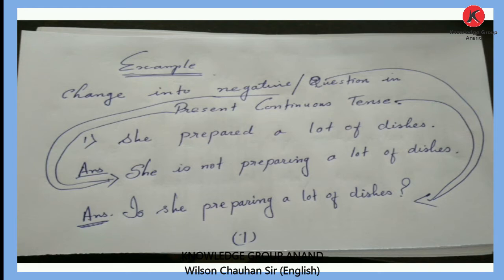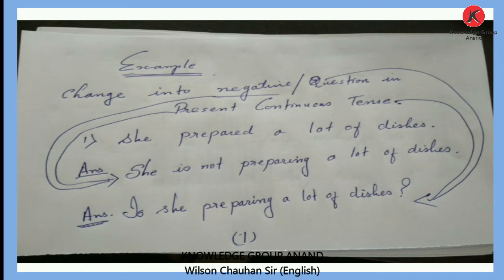Once again we have this very example before us. Change into negative or question in present continuous tense. Now what is the question before us? She prepared a lot of dishes.